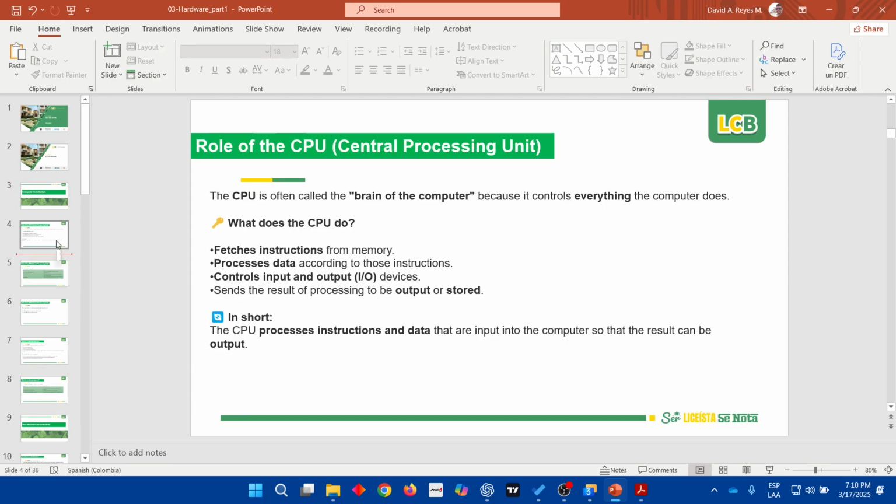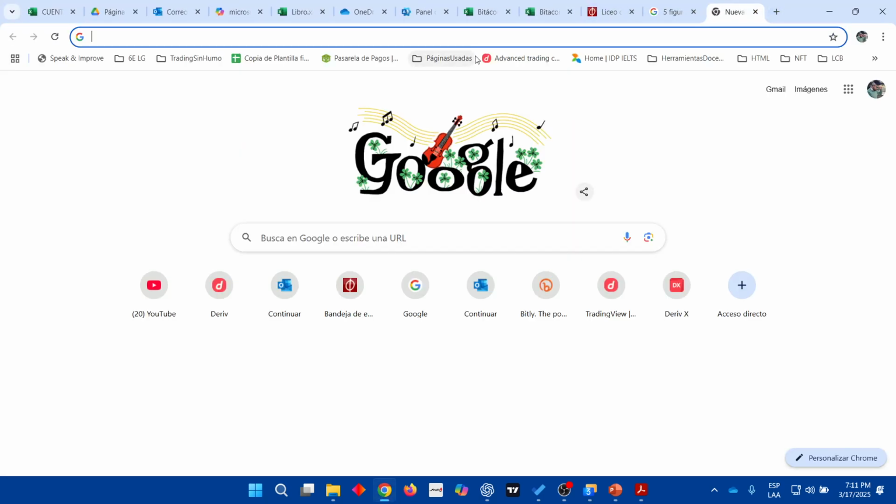What do we have here? When we are talking about computer architecture, it is the way the computer is made, even inside, talking about the physical parts in the computer. Which are the physical parts that you can see in your computer?